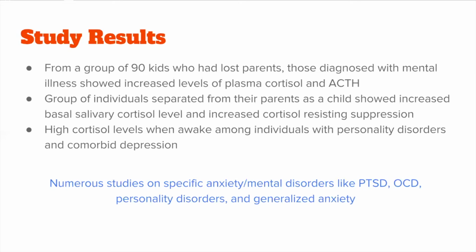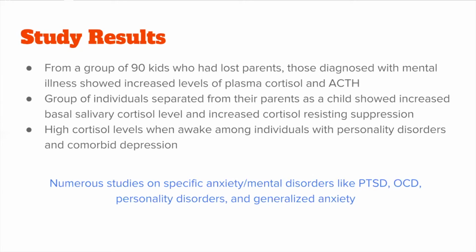The second study took a group of individuals who were facing separation from their parents. And by separation from parents, this could be anything from losing a parent to just not having them in their life. But the kids that experienced stress showed increased levels of basal salivary cortisol and increased cortisol resisting suppression.